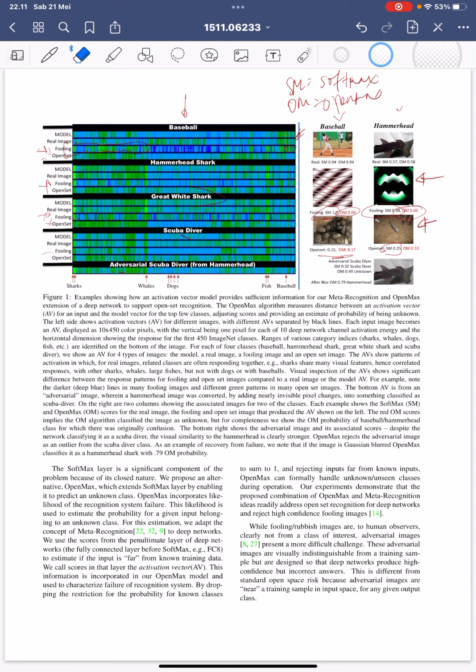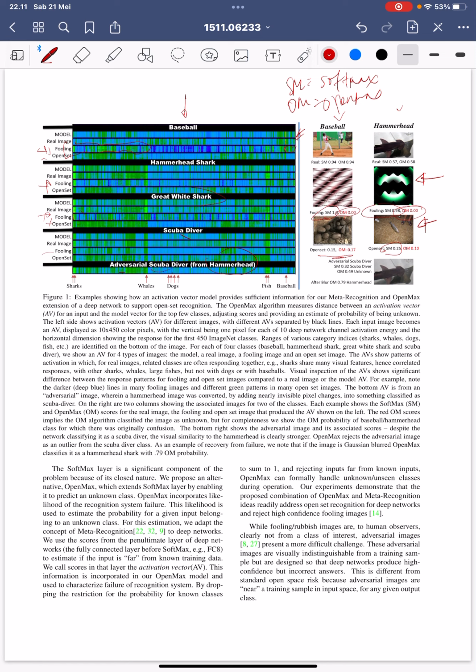For example, in the hammerhead, some pixels are changed or added, but it is still an image of a hammerhead that we cannot tell apart with our eyes, yet the model predicts differently. From the hammerhead, it predicts a scuba diver.